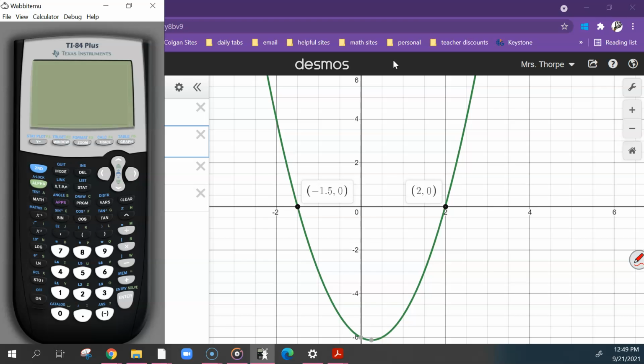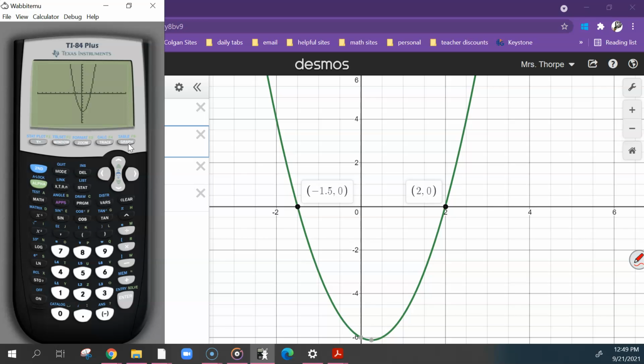On the calculator, you would need to go into your y equals and type in your equation. Don't type in the f of x, just type in the actual equation part. After it's all typed in, you can hit graph, make sure it's there. When you hit graph, you might be able to see your x-intercepts right away.